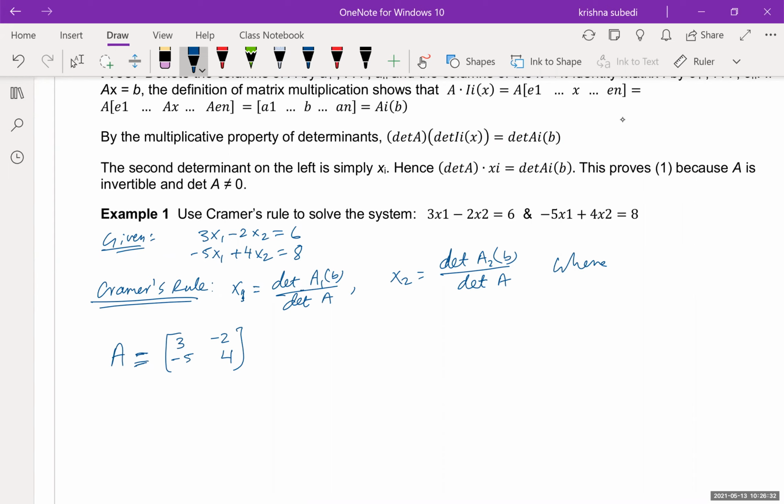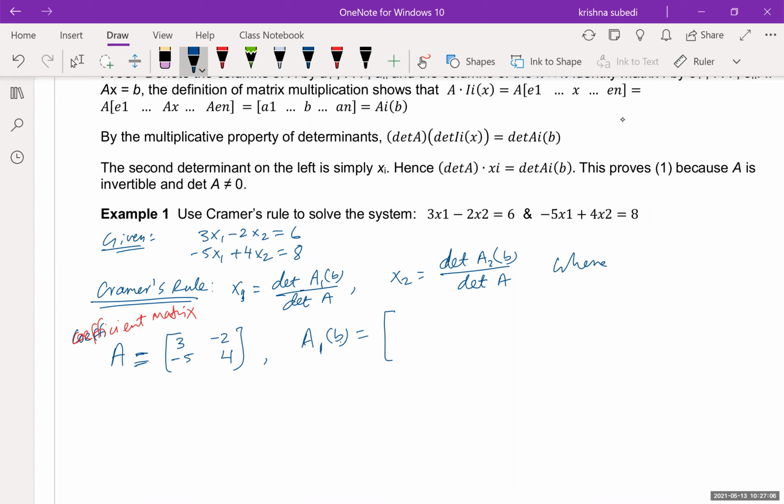That is how we represent A. And what is A sub 1 b? Listen very carefully, guys, okay? Listen very carefully. This means you replace the first column by the constant b.